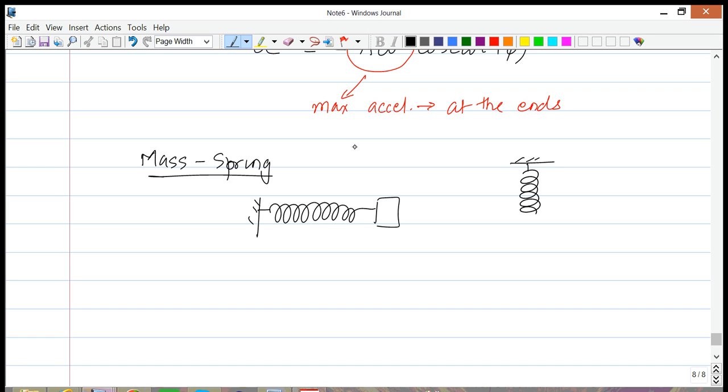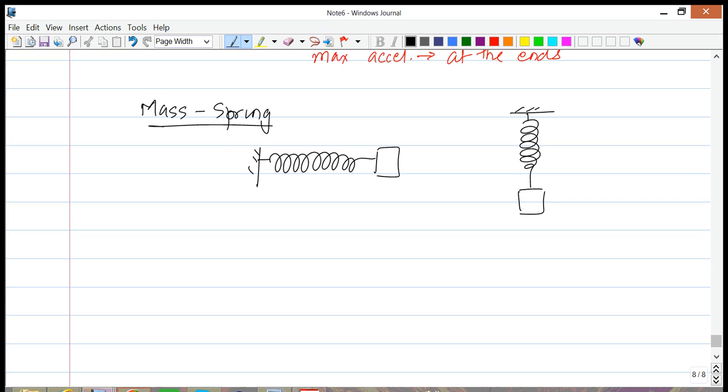Even when it is vertical, we have basically the same thing going on. It'll oscillate about the equilibrium position. It's just that when it's vertical, the equilibrium position is not the unstretched position of the spring. It'll be wherever the system comes to equilibrium if you allow this mass to come to rest.